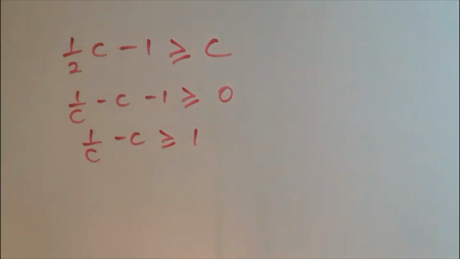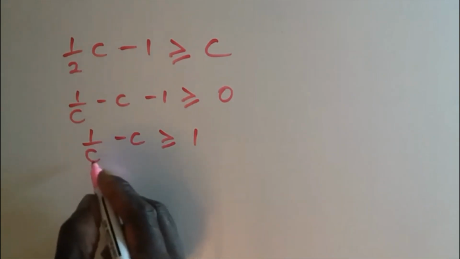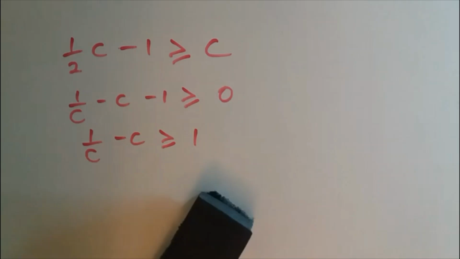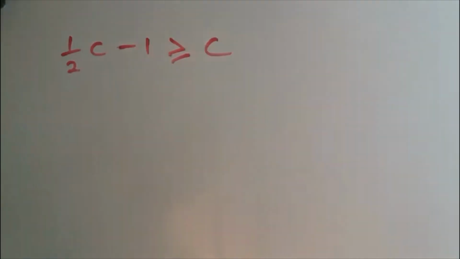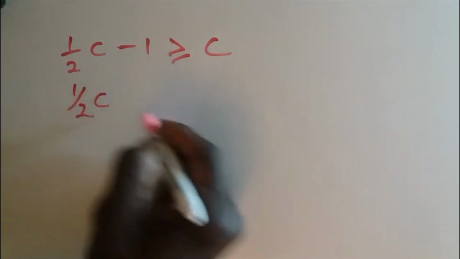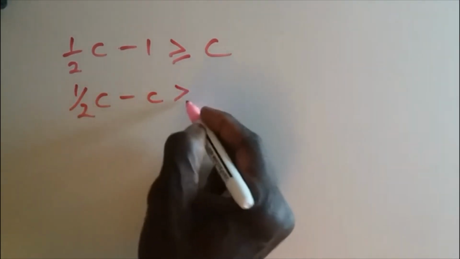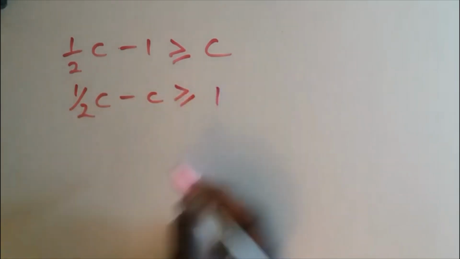And now we have a half c minus c, which will give us, 1 over c. Oops, I changed that. Mistake. So this should be a half c minus c is greater than or equal to 1.